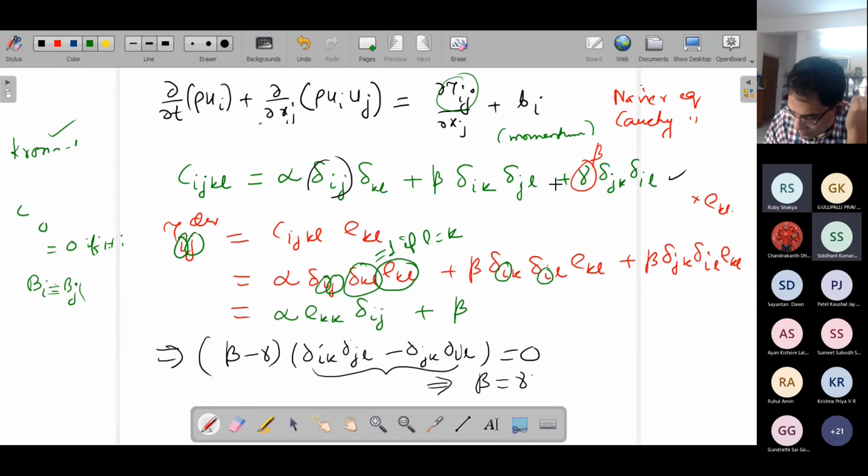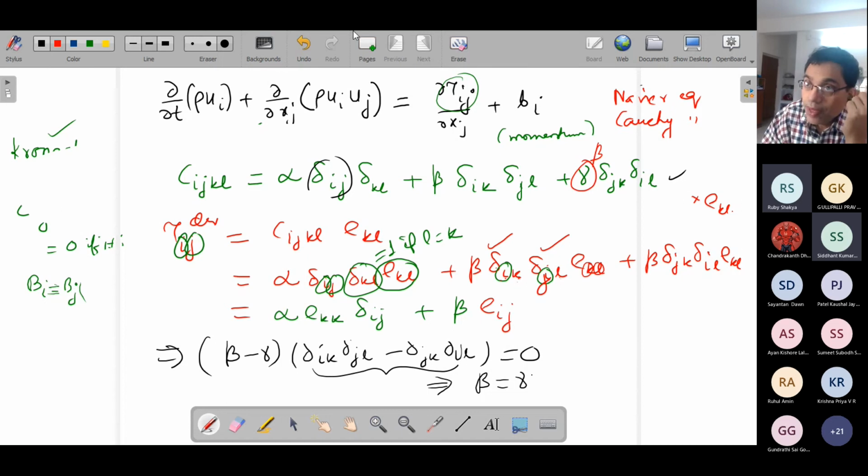So only this I and J. Now this particular expression will boil down to something if we recognize that in the delta expression, this will be 1 when K equal to I and L equal to J. So K will become I and L will become J, so this will become 1 into Eij.